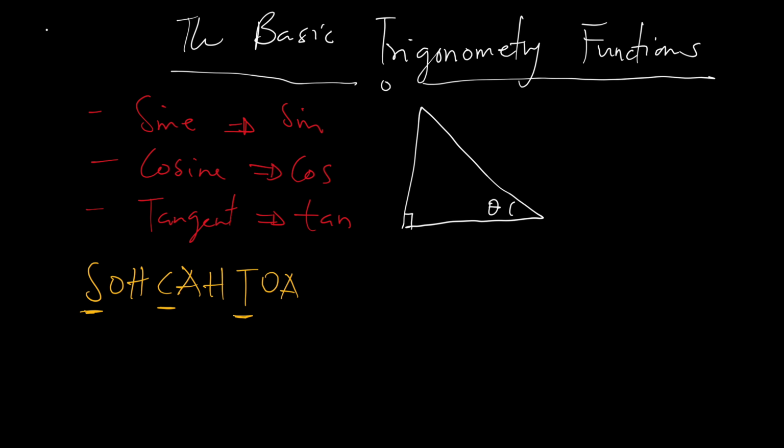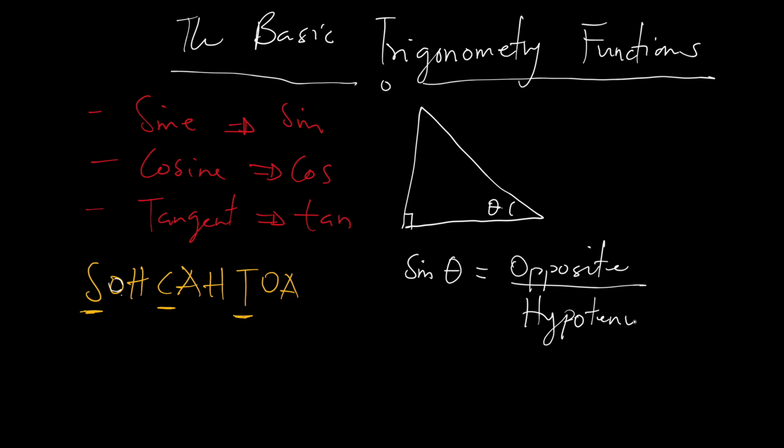So if we have a right angle triangle and we are interested in this angle, the sine of this angle will be equal to the opposite over the hypotenuse. The cos of this angle will be equal to A, which is the adjacent over the hypotenuse.